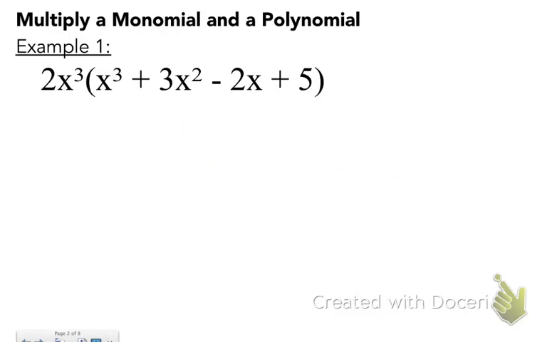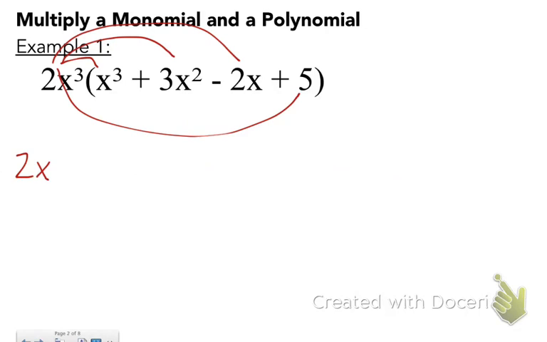If we are multiplying a monomial and a polynomial, remember that means one term by itself and one that has multiple monomials together, we're essentially just going to treat it like we're distributing the monomial to each part of the polynomial. So 2x cubed has to go to each one.